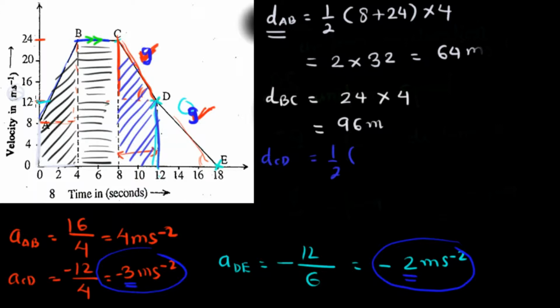One parallel line is 12 meters long, and the other parallel line is 24. Sorry, that should be a sum sign, not a negative sign, let me correct it. The height of the trapezium is 4.